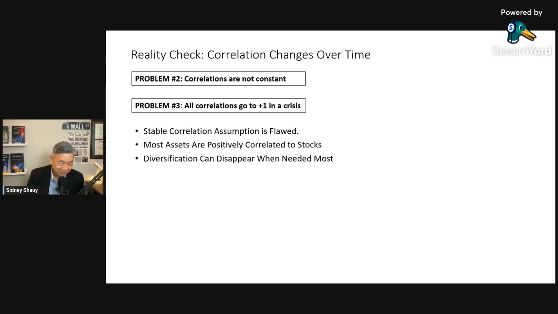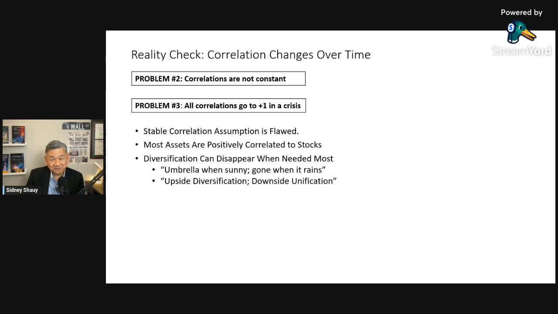If it goes away exactly when you need it, that's this saying: they give you an umbrella when it's sunny, but it's gone when it starts to rain. Upside diversification and downside unification, that's another way to put it.